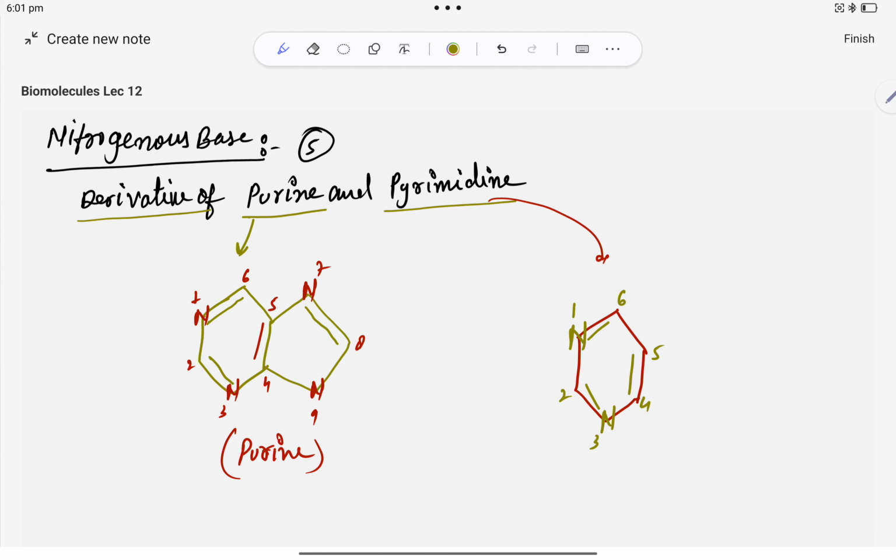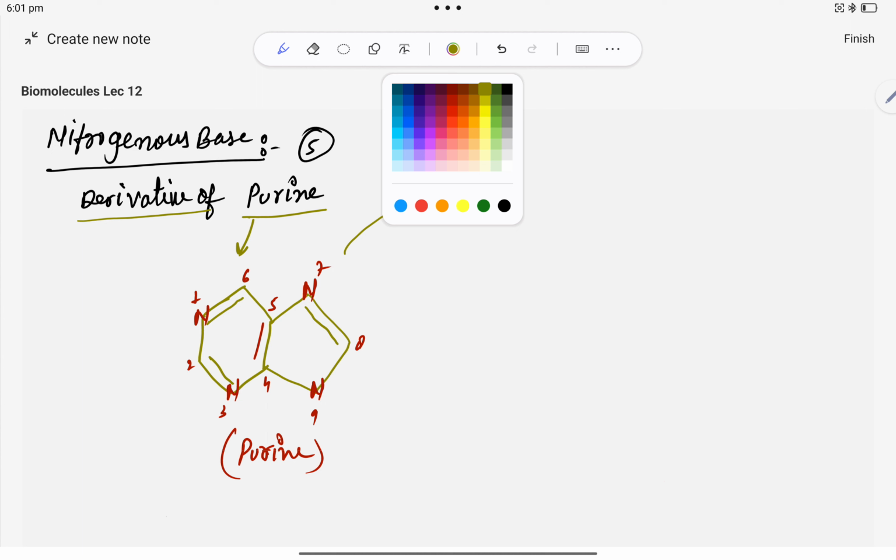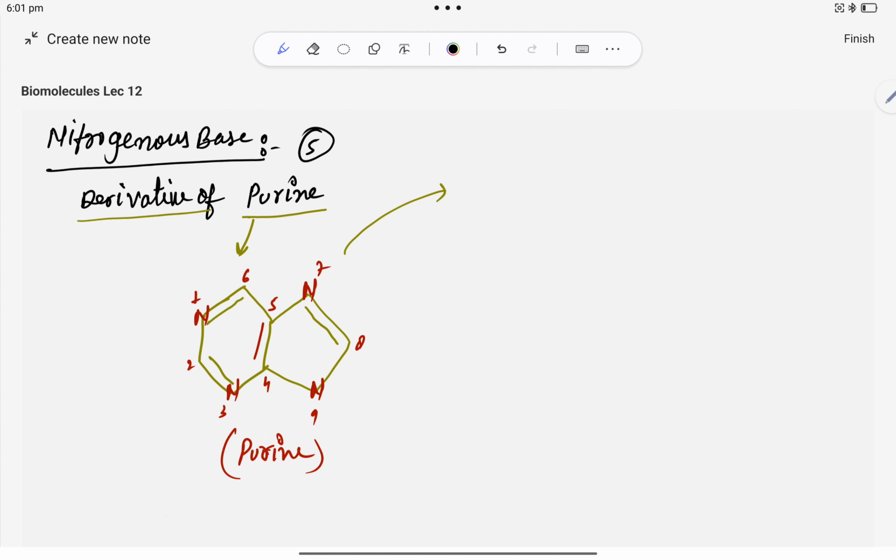From the purine, this is the purine, guys. From the purine, two nitrogenous bases will be generated. What are these bases? At the carbon number 6, you have to add NH2.